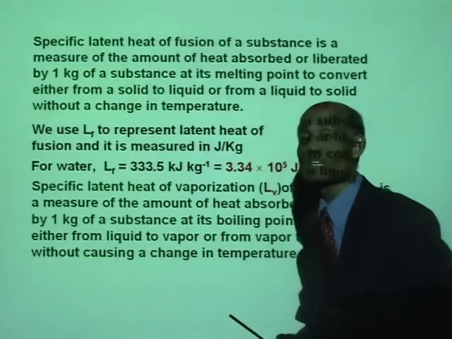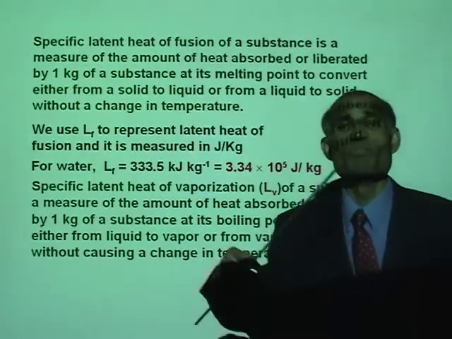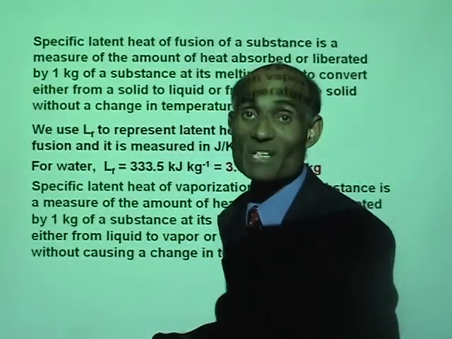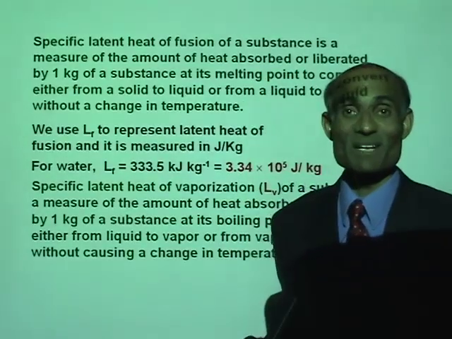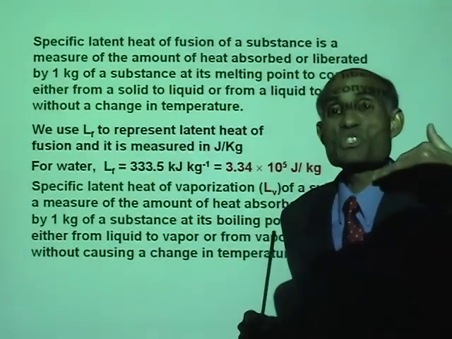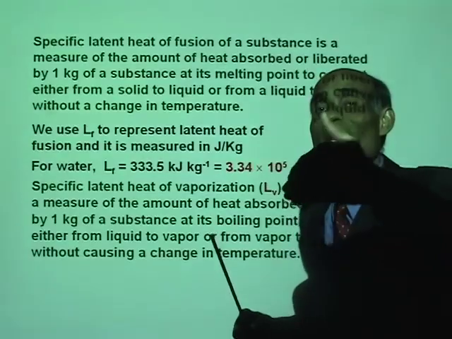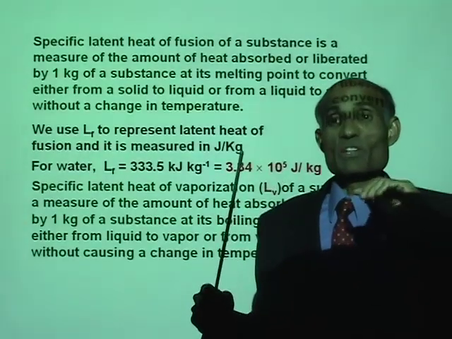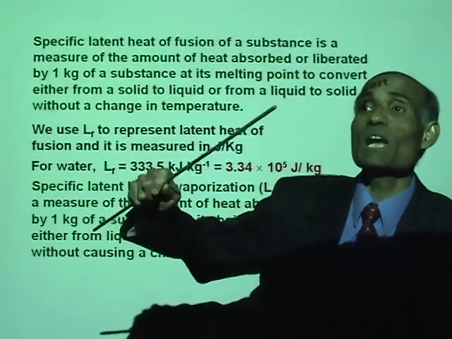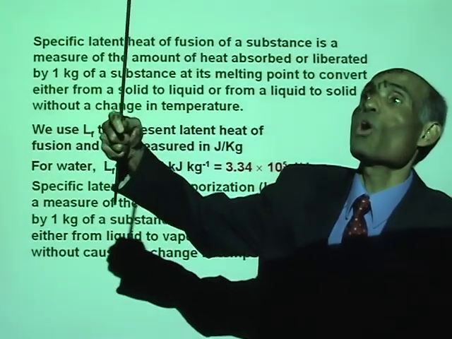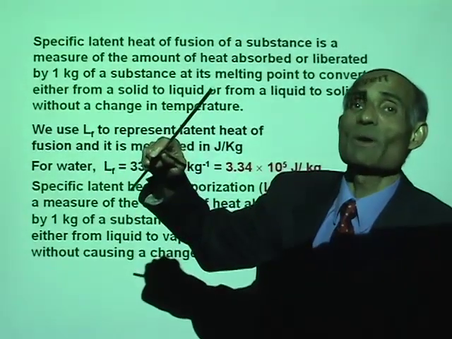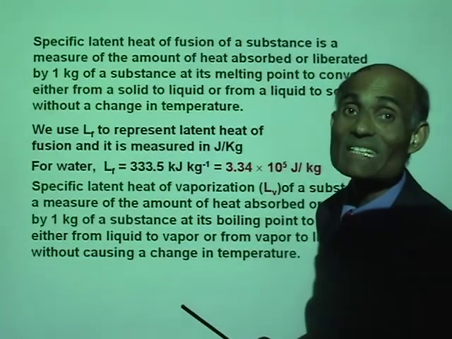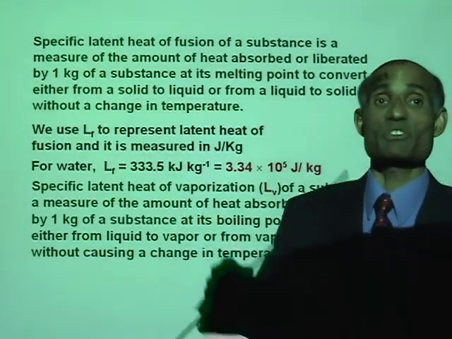Now let's define a latent heat of vaporization. There are two types of latent heats, is that right? One involves change from a solid to a liquid or backward, liquid to solid. The other involves from liquid to vapor or from vapor to liquid. And that is called the latent heat of vaporization.